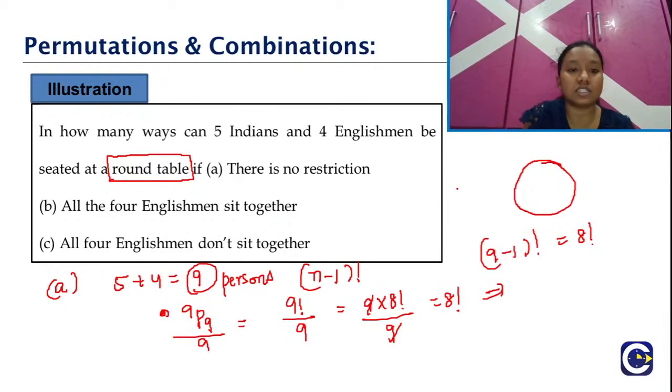So without any restriction, the number of ways to seat these 5 Indians and 4 Englishmen at a round table is given by 8 factorial. As I explained the first part, I think now you guys got an idea how to deal with it. So can you give it a try for the second and third and let me know the answer?